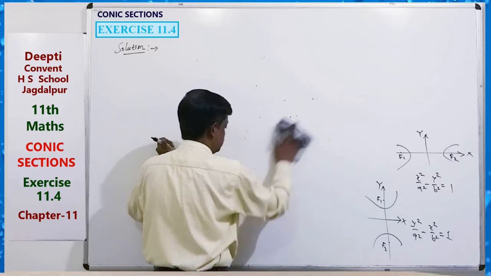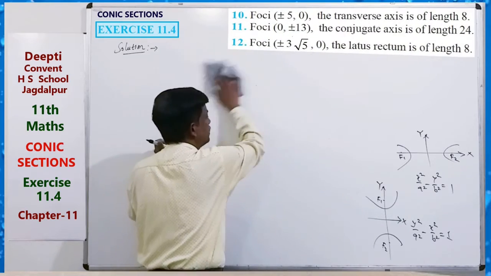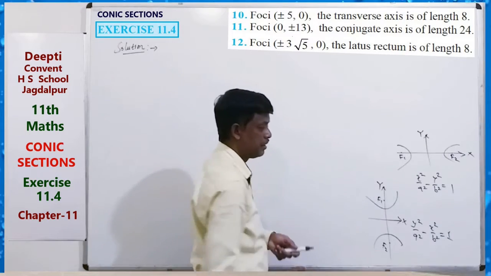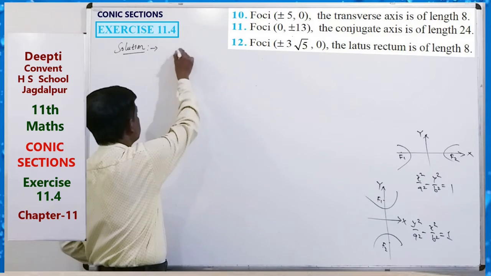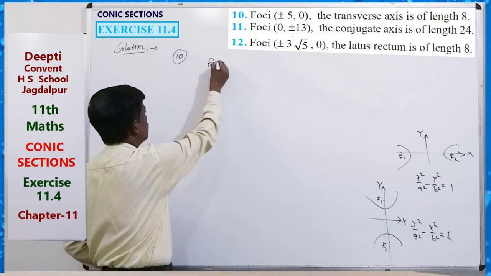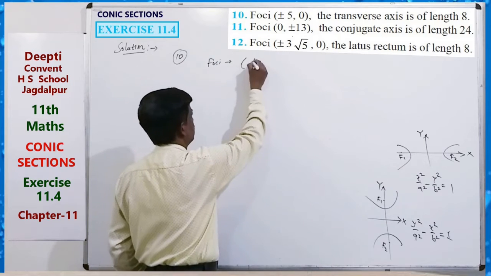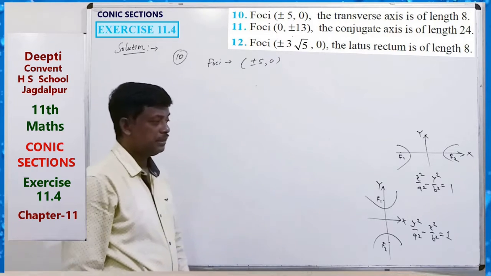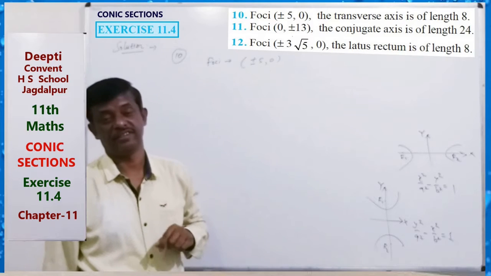So see here question 10. The foci are given as plus minus 5, 0, and the transverse axis is of length 8.